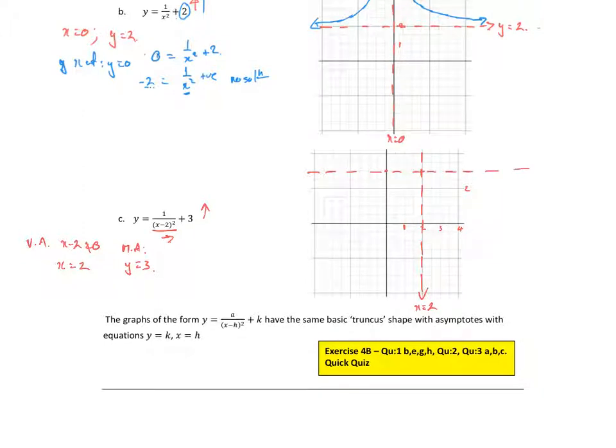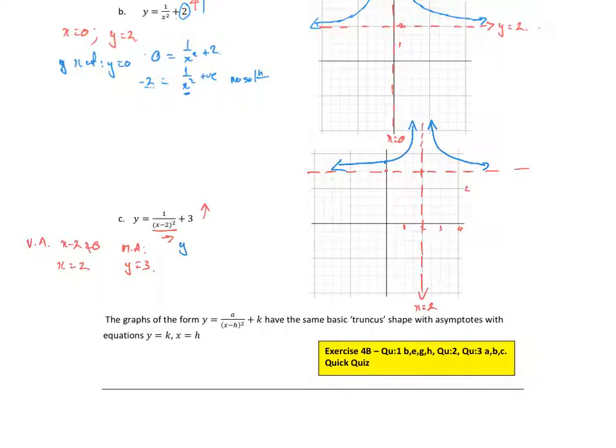It's going to be a bit tight. Let's get a different colour. So we can see there's one asymptote there, one there. We're going to have an intercept here somewhere. So how do we find that point? We put x equal to 0.